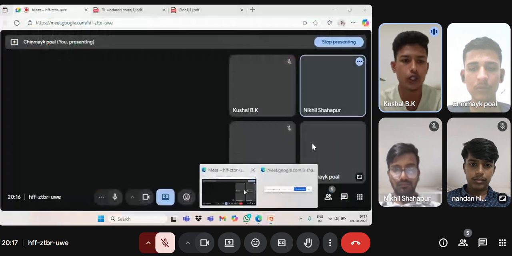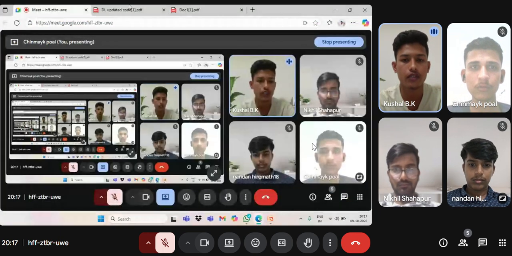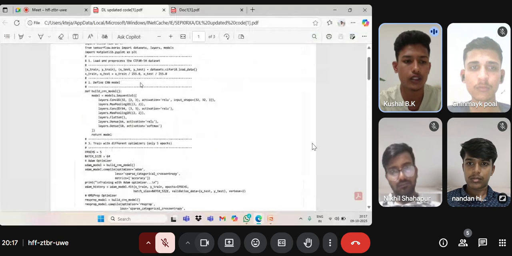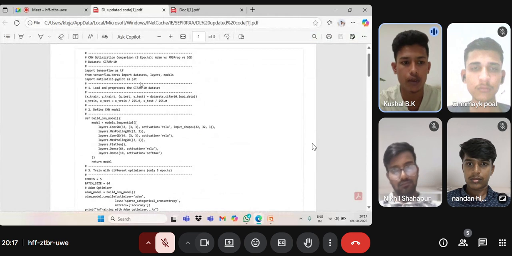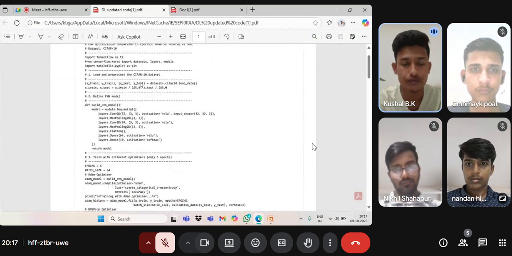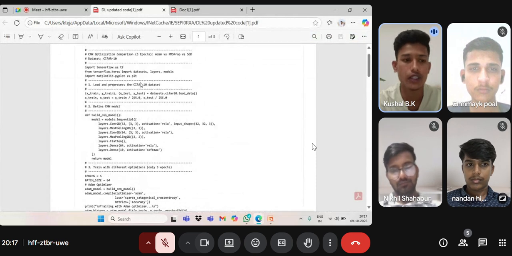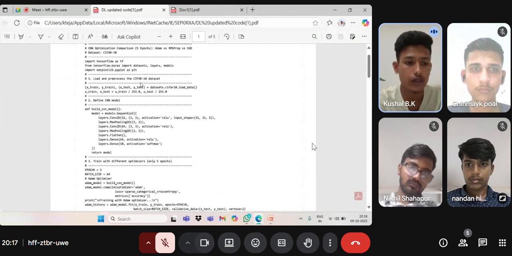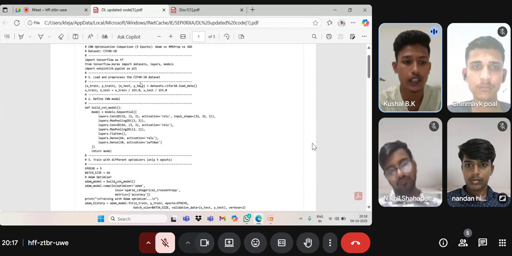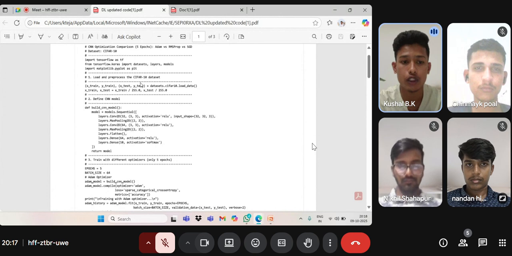Thank you, Chinmay. Now I am going to explain the code part. The code is Adam versus RMSProp. Adam is adaptive moment estimation, and RMSProp is root mean square propagation. We have taken a CNN optimization comparison of Adam versus RMSProp, with the CIFAR-10 dataset.